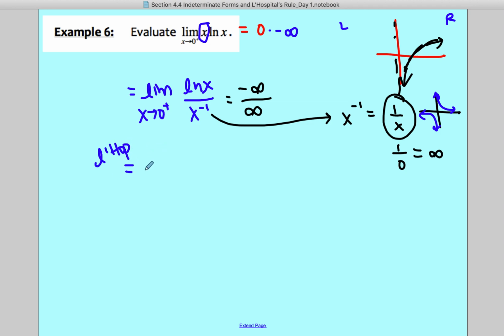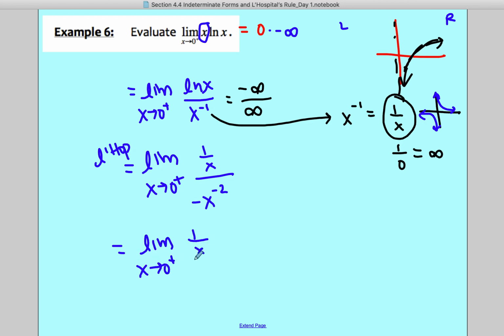Take the derivative of the top, take the derivative of the bottom. The derivative of the top is 1 over x. The derivative of the bottom is negative x to the negative second. Now this is one where we have multiple fractions, so we're going to rewrite. I'd have 1 over x, then negative 1 over x squared. Multiply by its reciprocal.